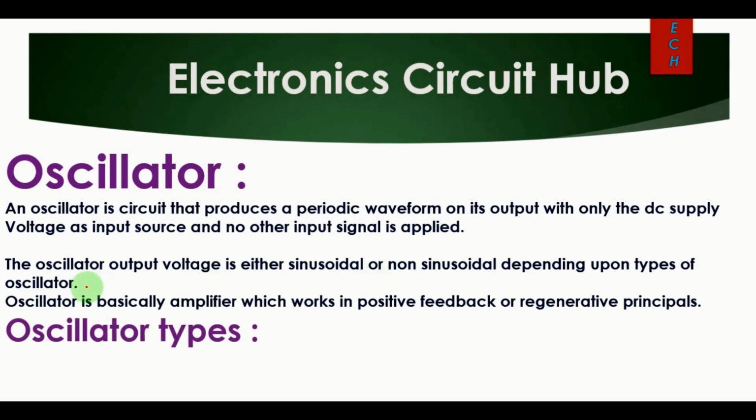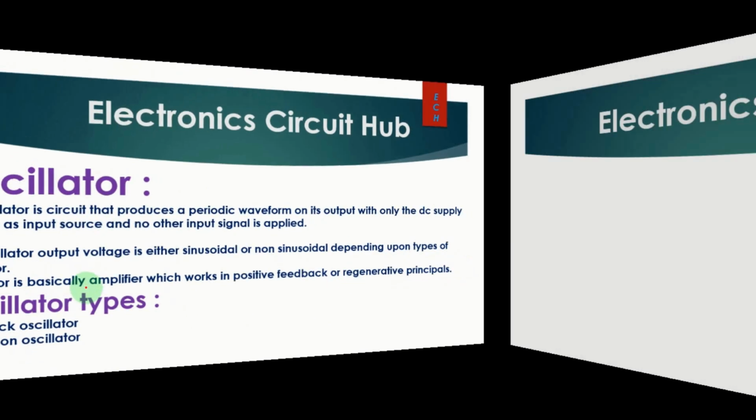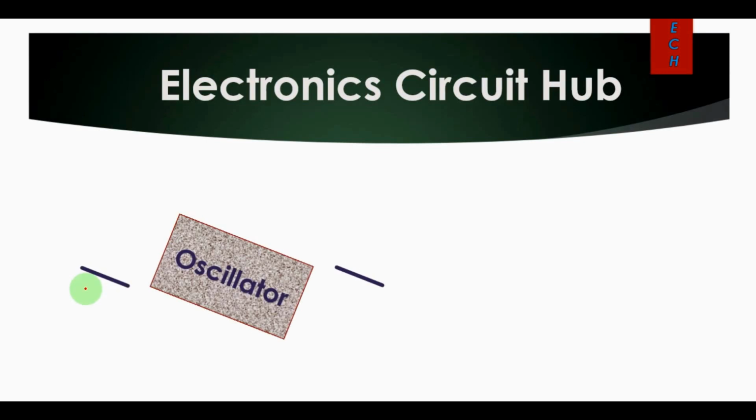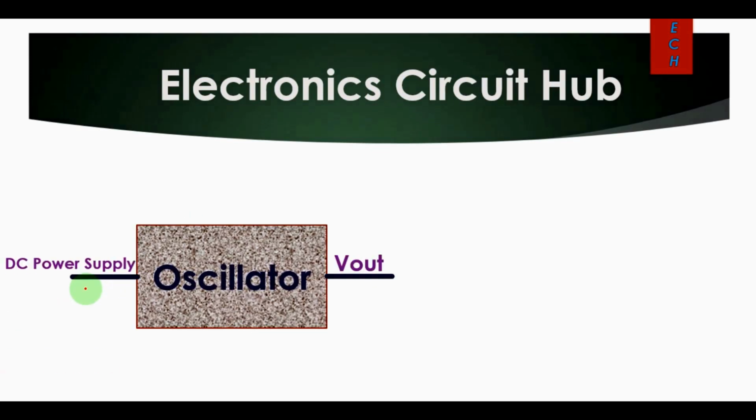Now we will see the types of oscillators. So there are two types of oscillator. First is the feedback oscillator and the second is the relaxation oscillator. Alright. So this is the basic block diagram of an oscillator. You can see here there is a DC power supply which is connected to the oscillator.